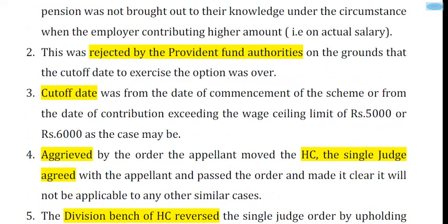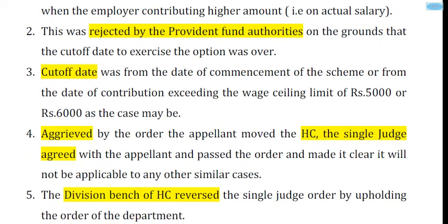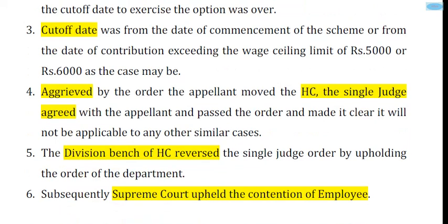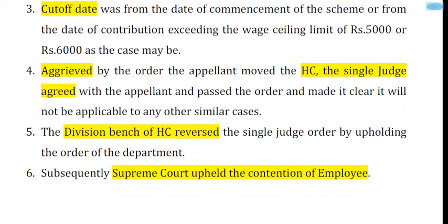Aggrieved by the order, he approached the High Court. The single judge concurred with the submission of the appellant, Mr. R.C. Gupta. However, the division bench overruled it. Finally, the Supreme Court upheld the contention. So, what was the crux of that judgment?